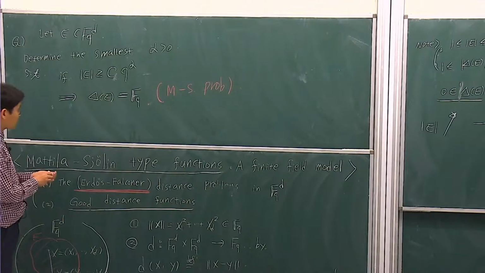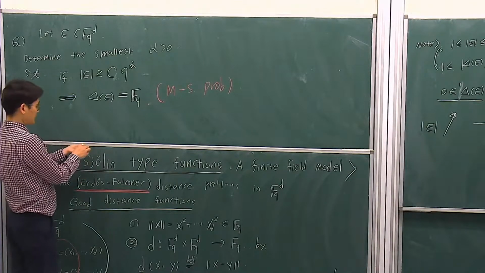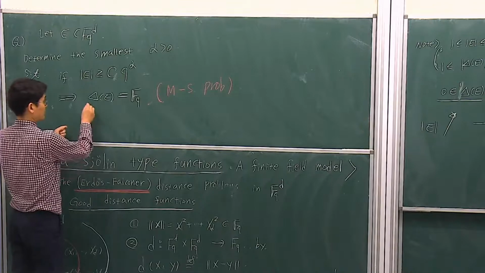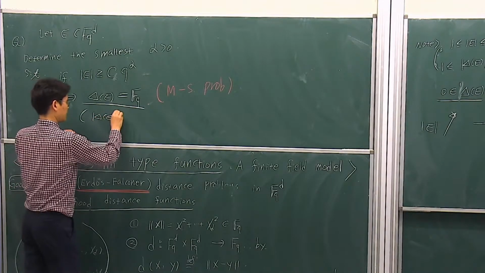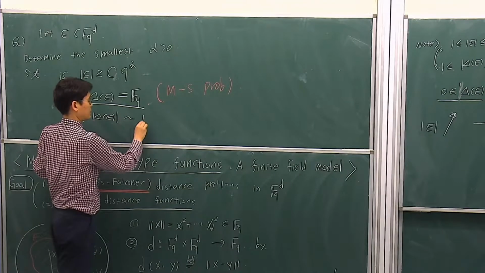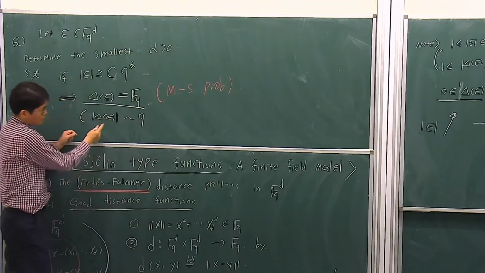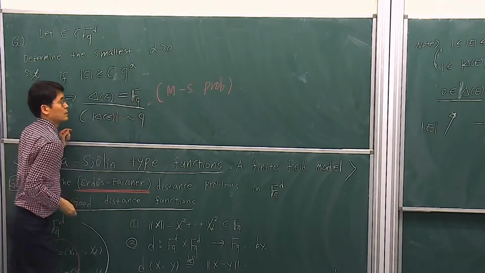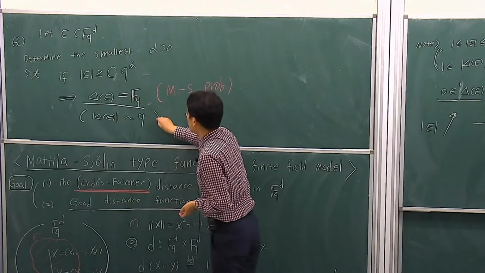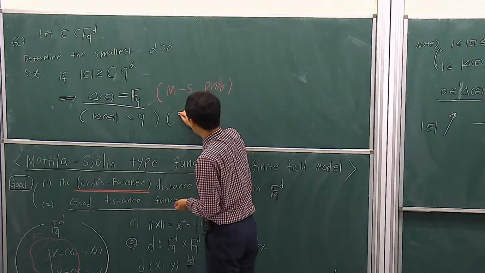Now, what is the Falconer problem? The Falconer problem just replaces this with a weaker conclusion, so our distance set contains almost all distances. This problem is called the Falconer problem.